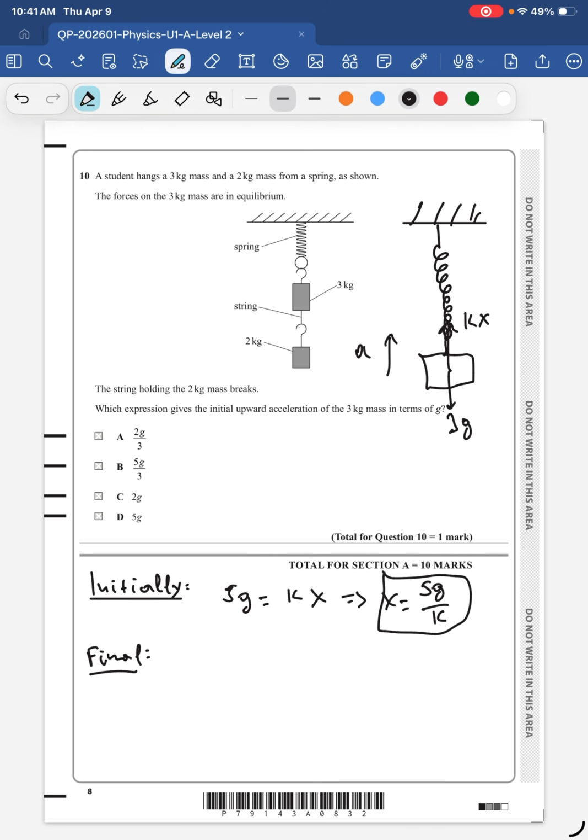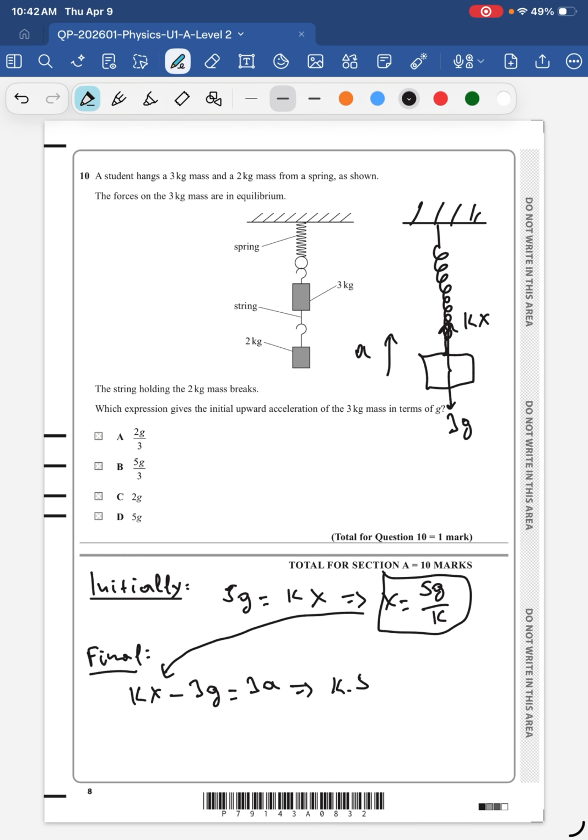So we have to use kx minus 3g equals ma, and the mass is 3 again. The equation of motion is going to be kx, because it points in the same direction as the acceleration, so it's positive, minus the weight, 3g, is equal to ma, and the mass is 3a. Now x, we can plug in from what we just calculated.